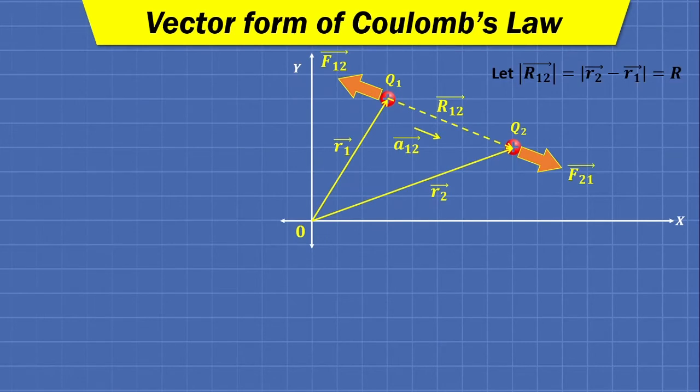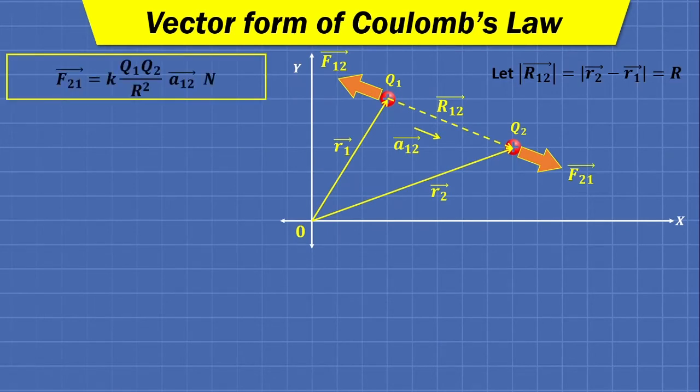So doing so, this force F21 bar will now be equal to k q1 q2 upon r squared into a12 bar, where a12 bar just indicates the direction of the force.